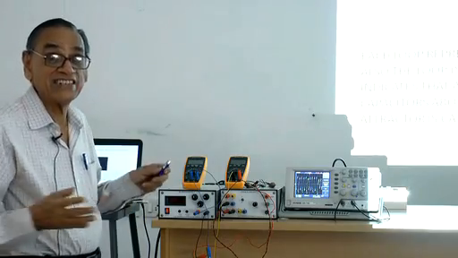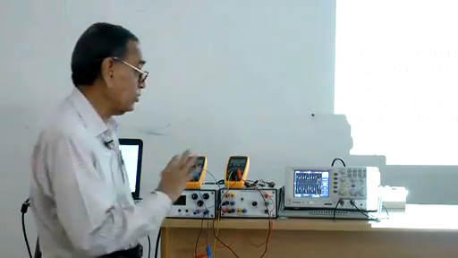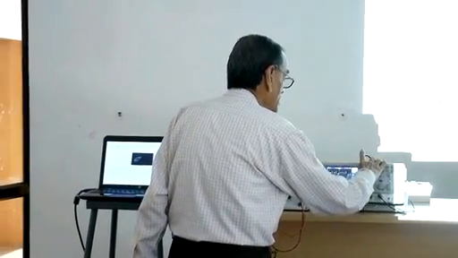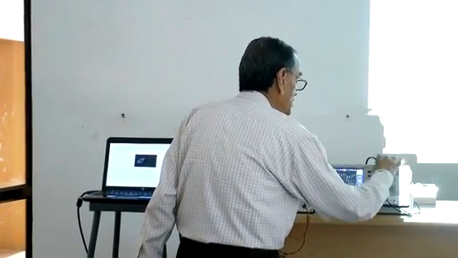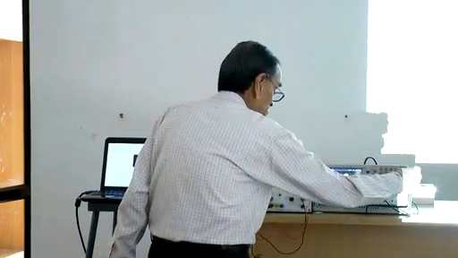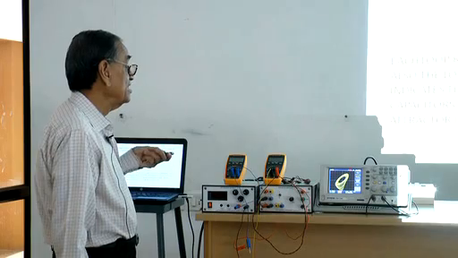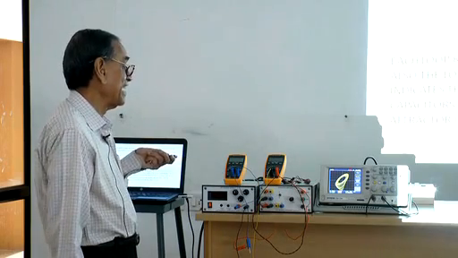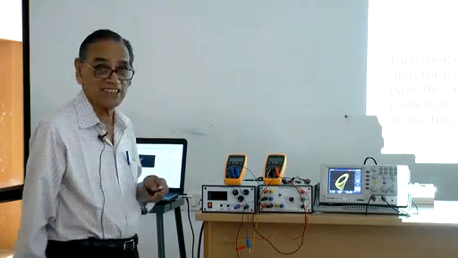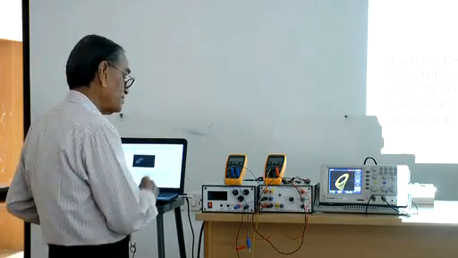So the voltage on C1 develops a DC voltage about which you have oscillations. This attractor is called the Rossler attractor, after the name of a person who found this attractor.